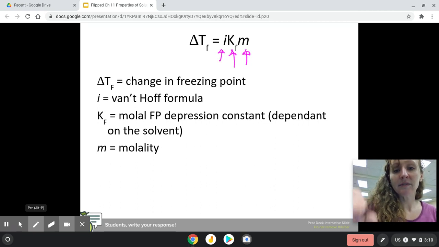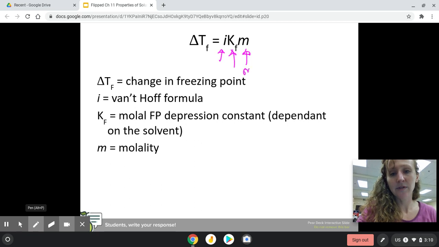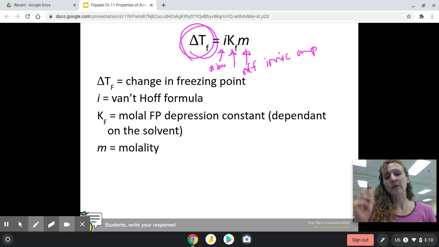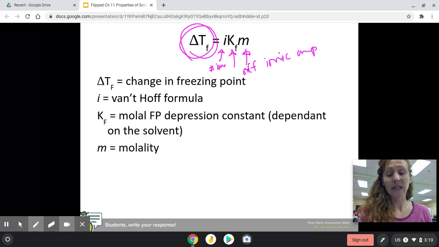Again, there's going to be that van 't Hoff factor in there, so that you can calculate the molality of the ionic compound, because then you're going to multiply it by the number of ions it forms, and then you're going to get a change in freezing point. Again, you're not going to get the new freezing point. You're just going to get the change in the freezing point. This one you have to subtract, because freezing point is depressed.